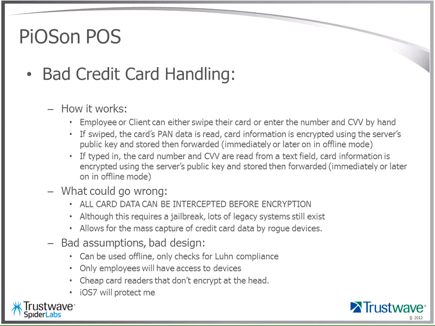Swipe your card, type the card number in, yeah, and then encrypt it with a public key for the back-end server, so that only the back-end server's private key could decrypt that credit card information and send it on to a processor.